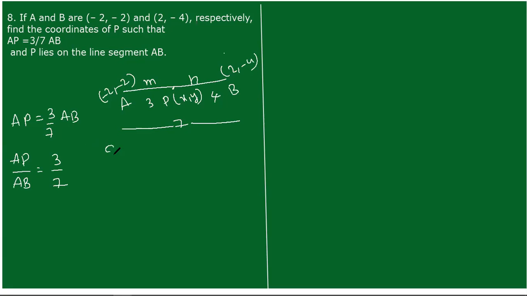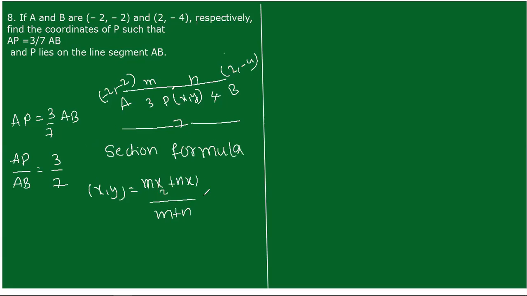So the section formula: Mx2 plus Nx1 by M plus N, and My2 plus Ny1 by M plus N. Okay.